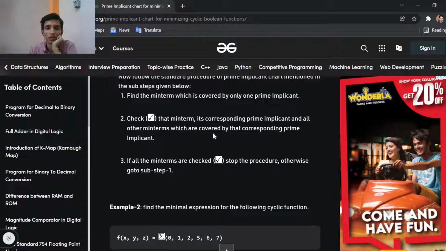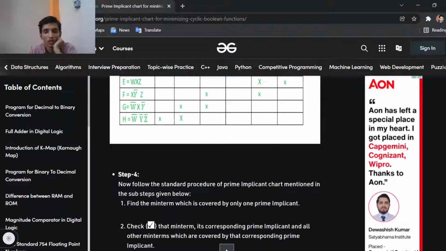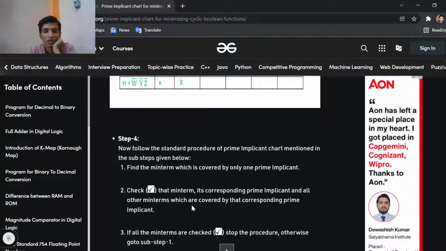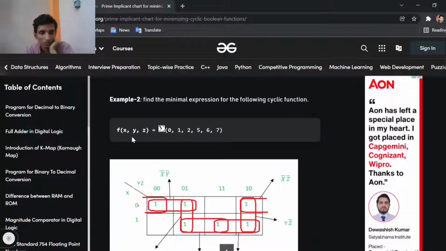Check that minterm, its corresponding prime implicant, and all other minterms which are covered by the corresponding prime implicant. If all the minterms are checked, stop the procedure, otherwise go to sub-step 1. So we have to repeat this procedure until all the minterms are checked. Now we'll see the second example.